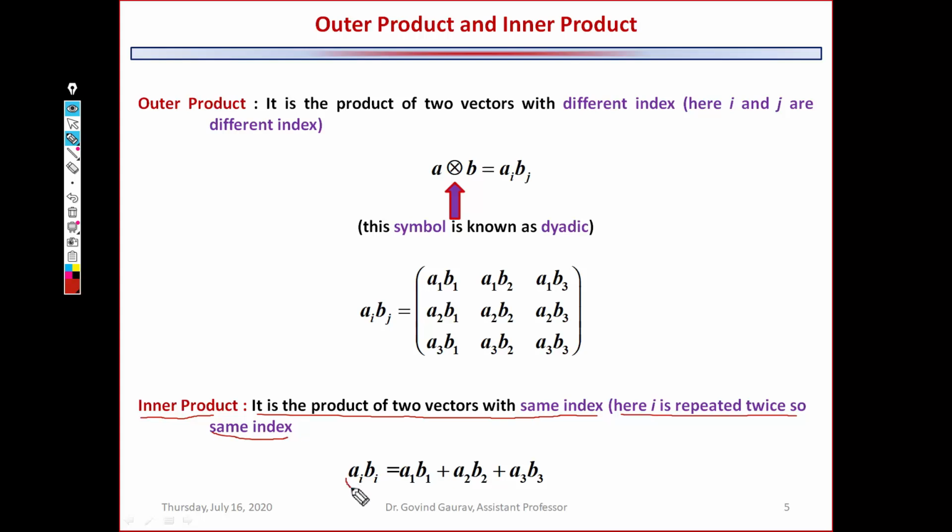If A has the subscript i and B also has a subscript i, then by this we mean A1 B1 plus A2 B2 plus A3 B3. So rather than writing the entire formulation like this, we can write it in the index form like A subscript i, B subscript i.